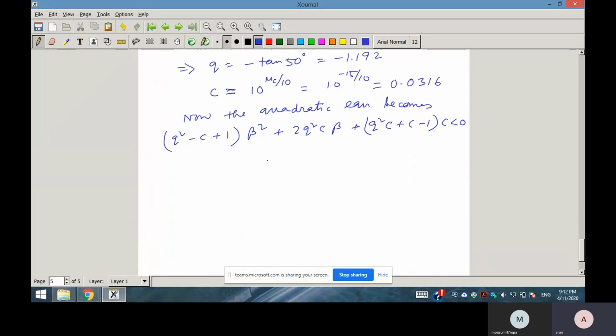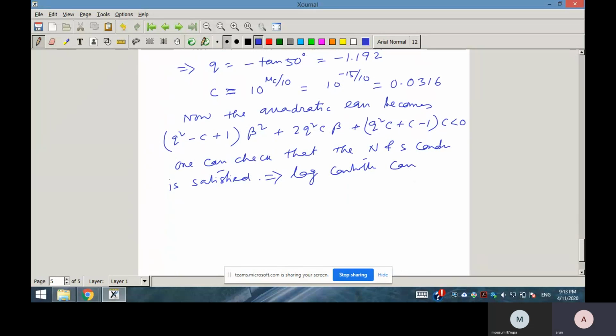This equation can be solved for a positive beta less than 1. So this implies the lag controller can be designed.